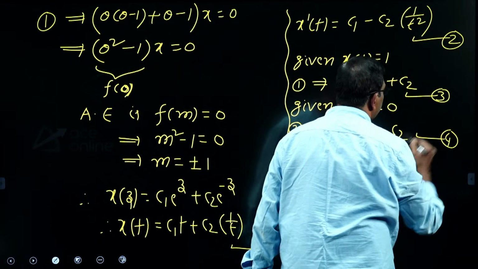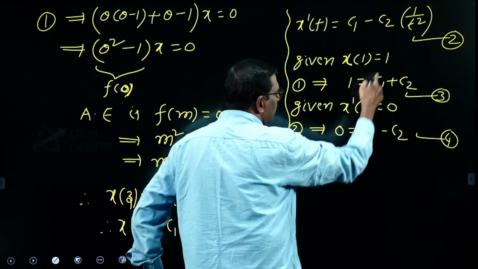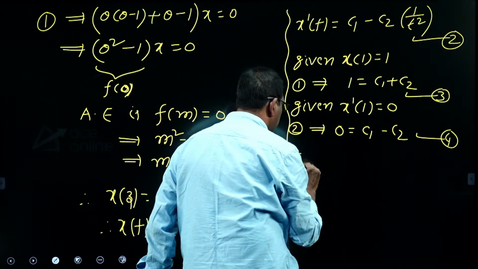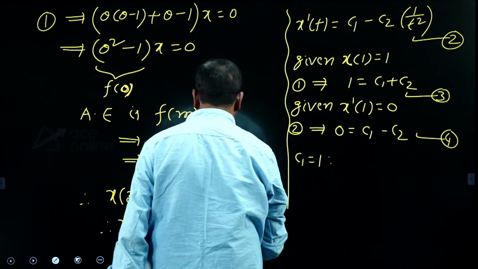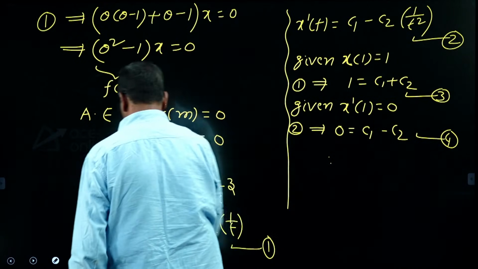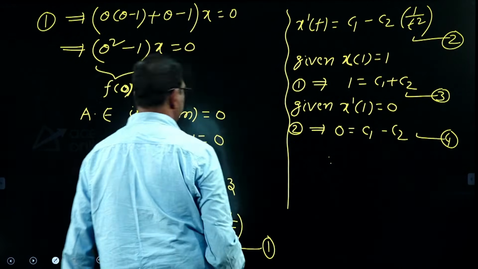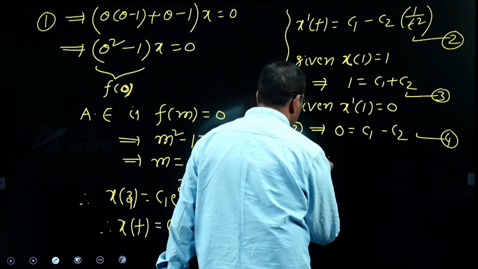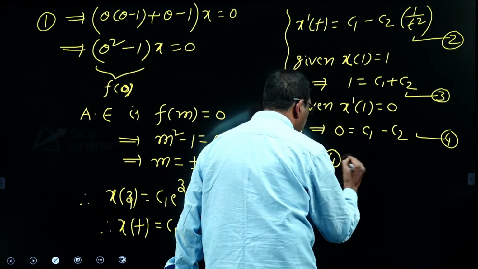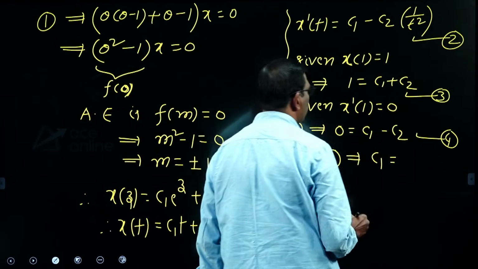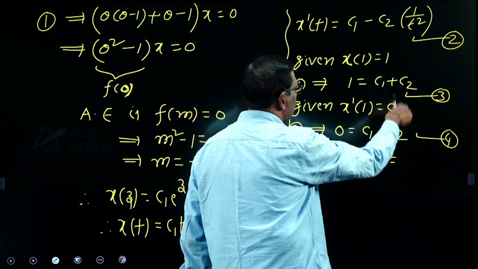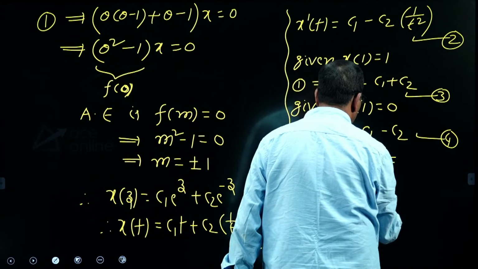From this you can find C1, C2. What is C1? If I add these two, C2 will cancel. From 3 and 4 directly I am writing. 3 plus 4 implies, if I add these two, 2C1 is equal to 1.